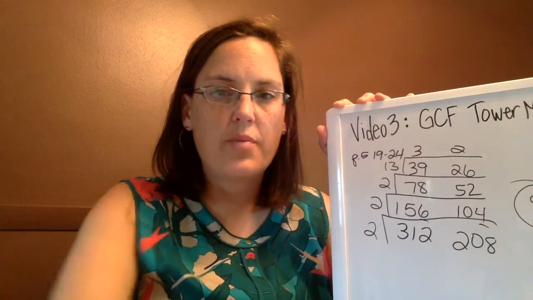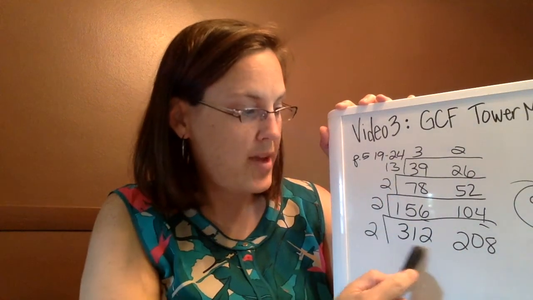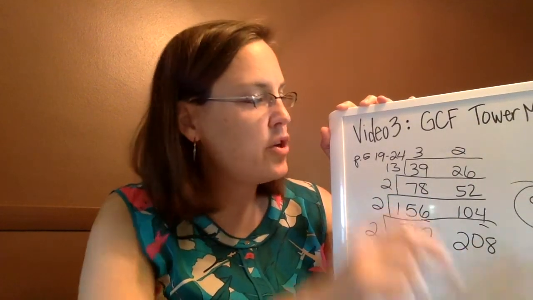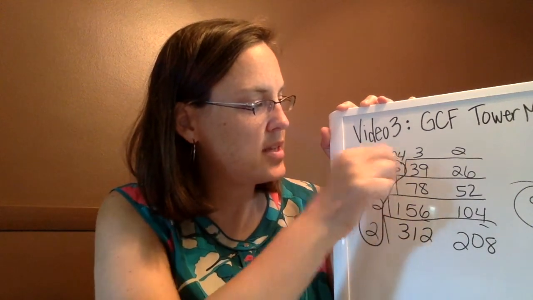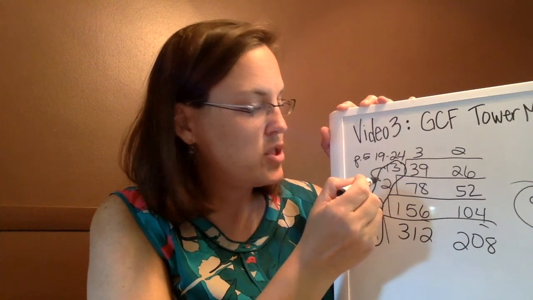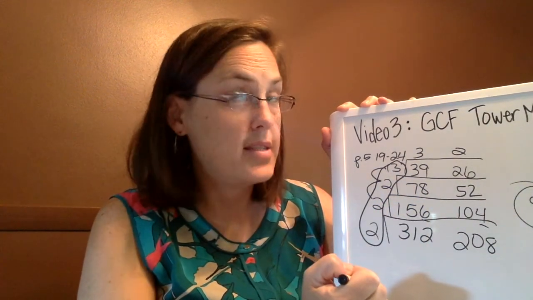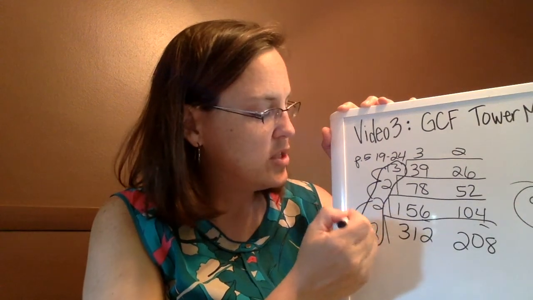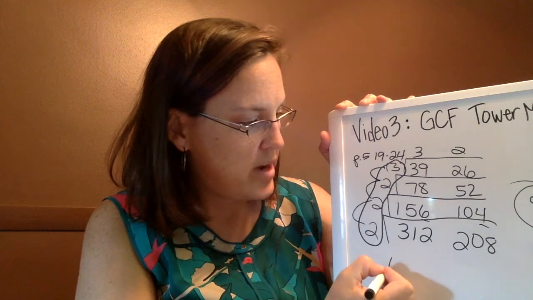So to finish this problem and figure out what the greatest common factor is of 312 and 208, you're going to take all of these factors that you pulled out and you're going to multiply them. So 13 times 2 is 26. 26 times 2 is 52. 52 times 2 is 104.